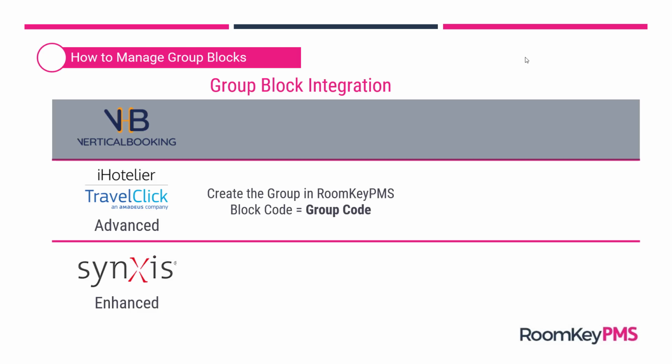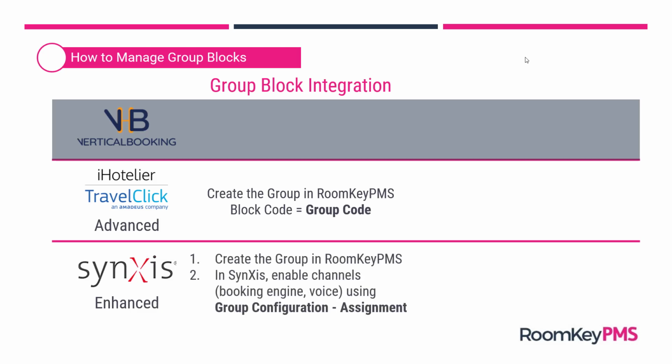Now, when it comes to SynXis Enhanced, the first step is the exact same. You'll create the group in RoomKey PMS, and that group information is automatically pushed up to SynXis Enhanced, so you can log into SynXis and you'll see that group created there. But there is a second step in order to enable that to be distributed through your partners in SynXis Enhanced.